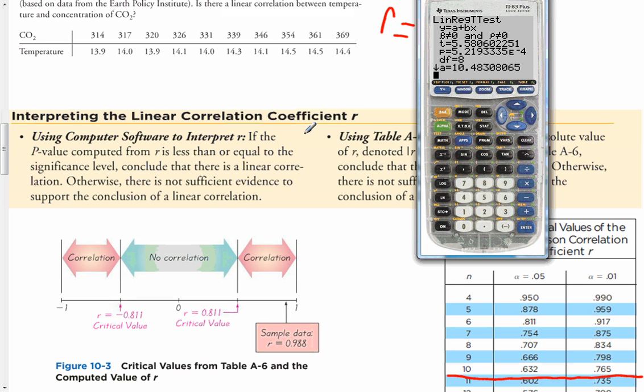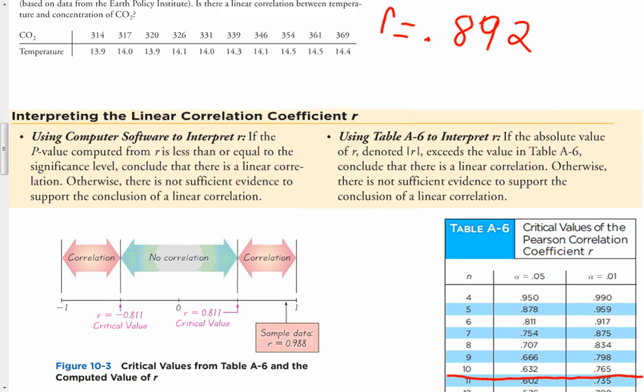So the p-value here is 0.0005. And it says here that if the p-value is less than or equal to the significance level, well, this is less than a significance level of 0.05, and it's less than a significance level of 0.01. So it is less than the significance level that we would normally use.